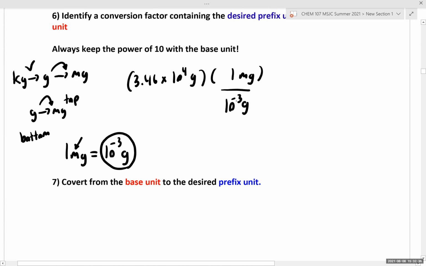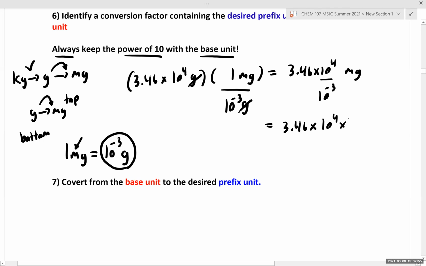As a general rule, you always keep the power of 10 with the base unit in this method. Grams cancel, and so we have 3.46 times 10 to the fourth over 10 to the negative third milligram, that we can write as 3.46 times 10 to the fourth times 10 to the third milligram.